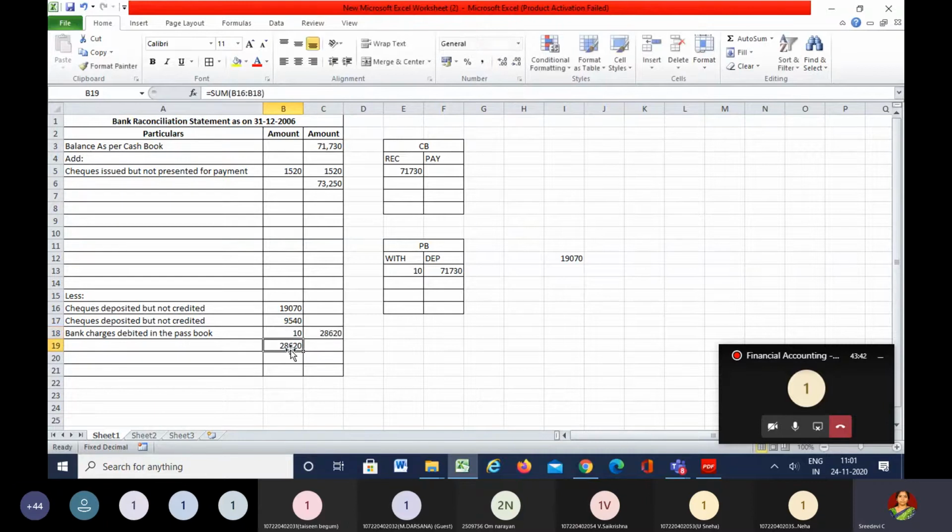Now the difference between these two is going to be the balance as per the passbook, or you can also mention it as bank balance. Instead of simply balance, here also you can put it as bank balance.